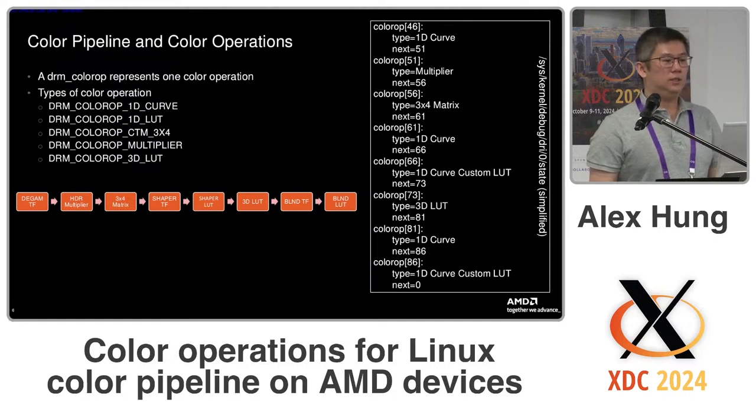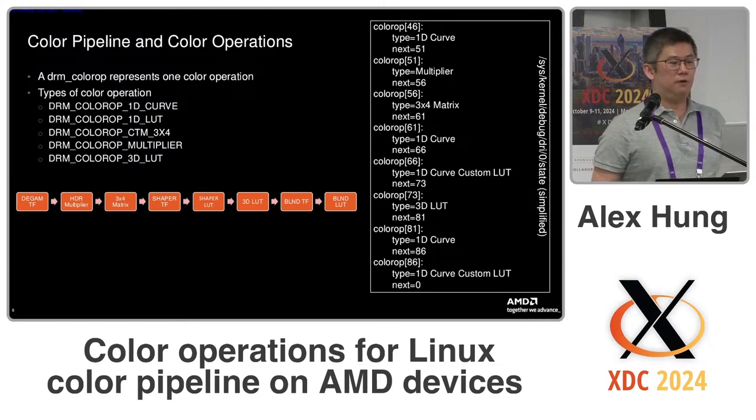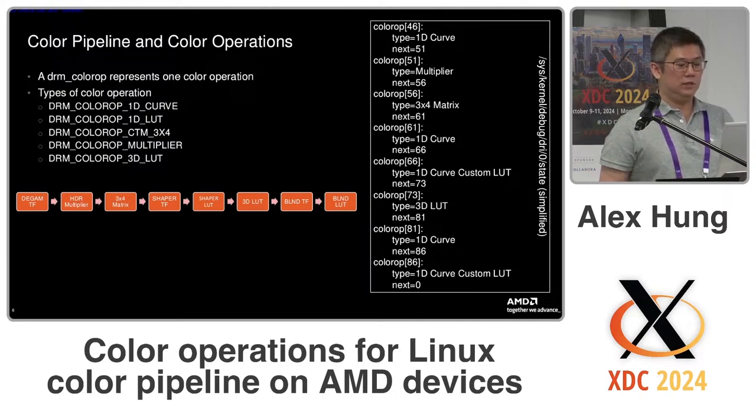What's seen on the screen at the bottom is a color pipeline for an AMD device, and on the right is the implementation in the AMD GPU. You can see there is a one-to-one mapping. The degamma transfer function will map to the 1D curve, and the HDR multiplier will map to the multiplier color op on the right. And so is the 3x4 matrix and the shaper and so on.